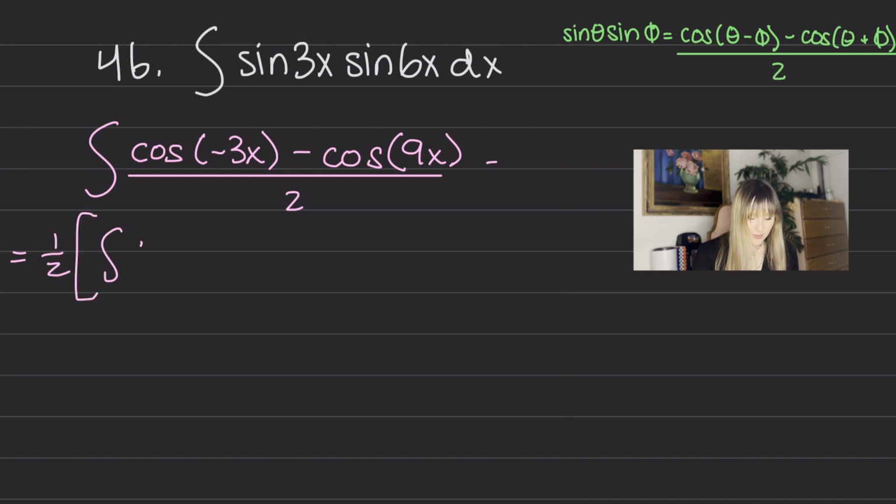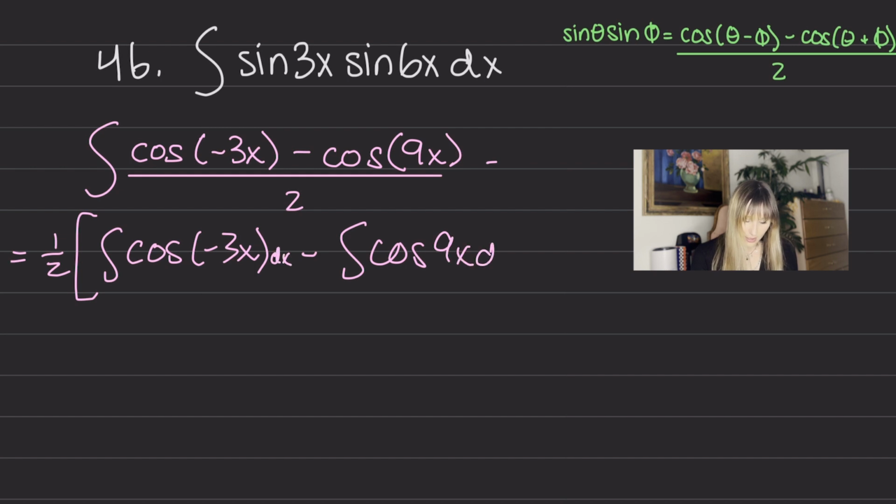We get cosine of minus 3x minus cosine of 9x dx. I'm going to do these separately, although I'm going to see if I can skip the u substitution here and just do it. So I'm going to do it separately just in case.